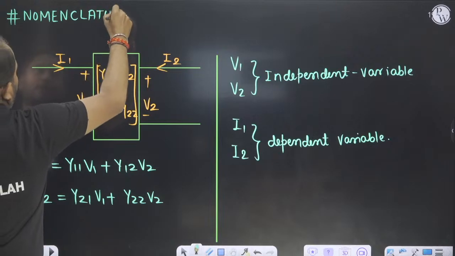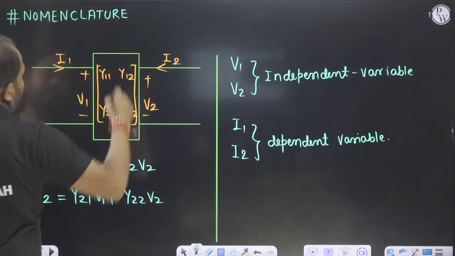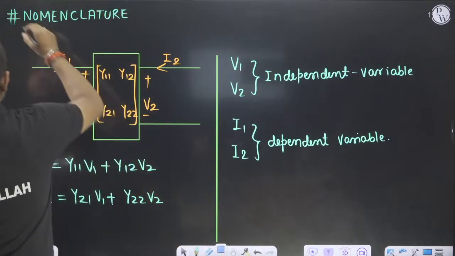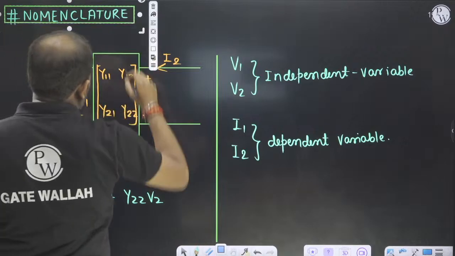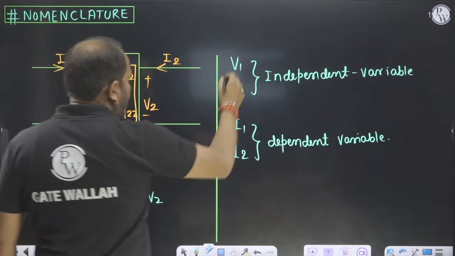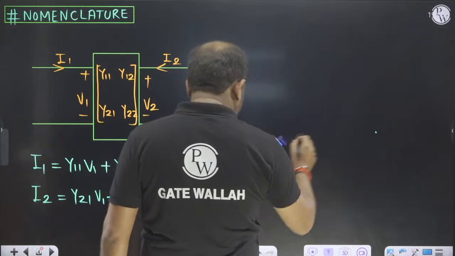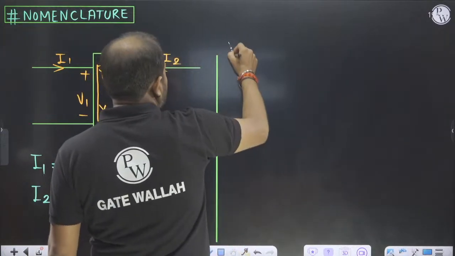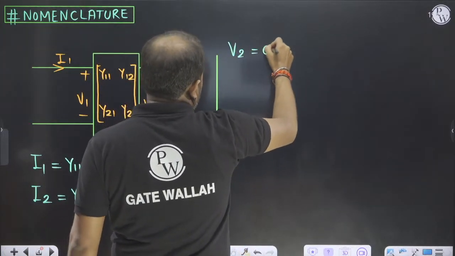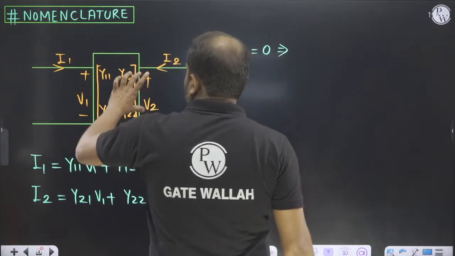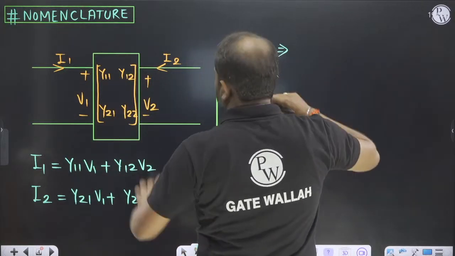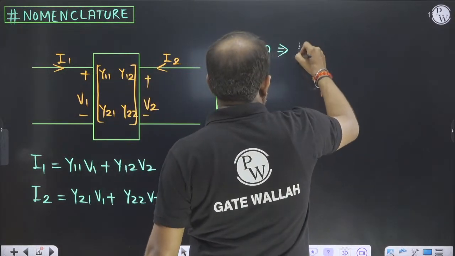First of all, I will make V2 equal to 0. If V2 is equal to 0, then what will happen? V2 is 0, that means voltage is 0, hence the second port is short circuit.